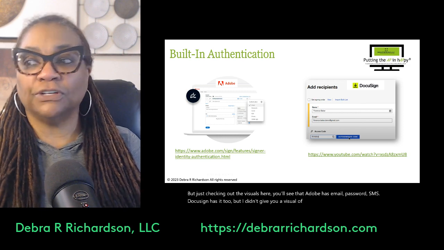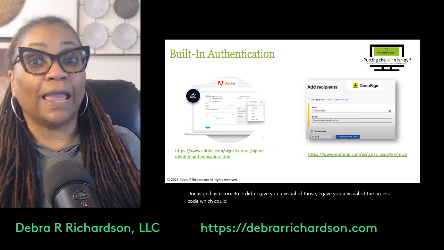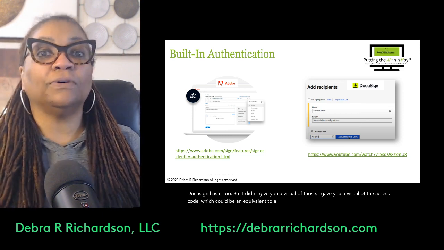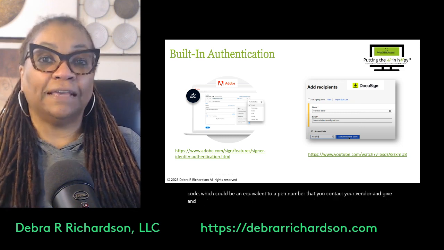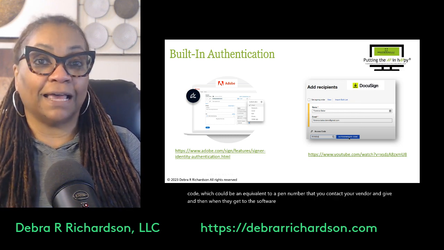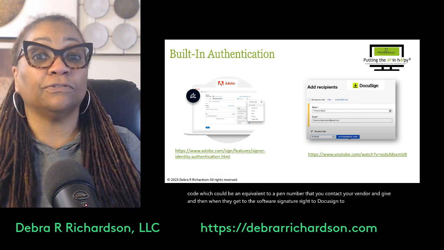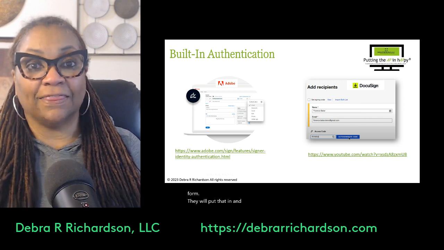I gave you a visual of the access code, which could be an equivalent to a PIN number that you contact your vendor and give. And then when they get to the software signature, right, to DocuSign to sign the completed form, they will put that in and you know it's them.